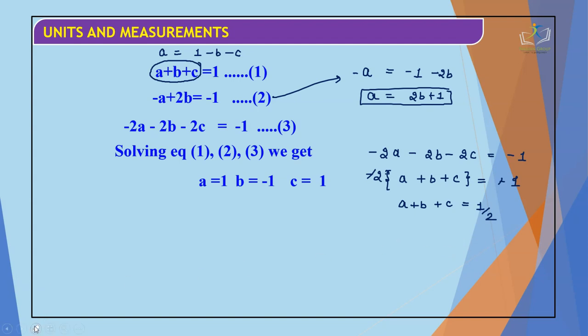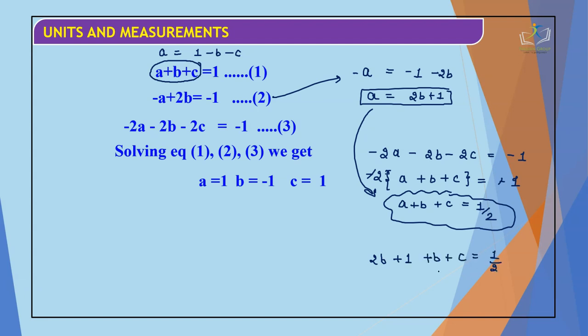Okay, so students, like this value, what we can get, I'm just putting this value over here. Similarly, you have to do like B plus 2B plus 1 plus B plus C is equal to half. So I received the value like 3B plus, if I just transfer this value over here, this will be converted to minus.